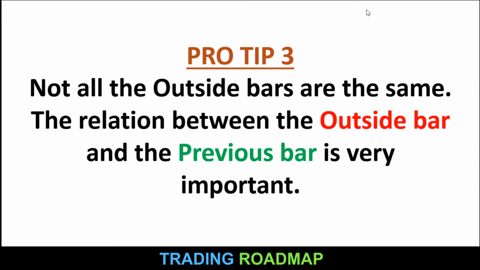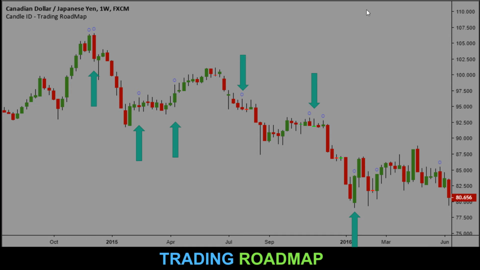And the last thing is, not all outside bars are the same, and the relation between the outside bar and the previous bar is very important. And I'll show you here what I mean by that. Here you have an outside bar, and we will discuss this pattern later, it's the outside of the outside.